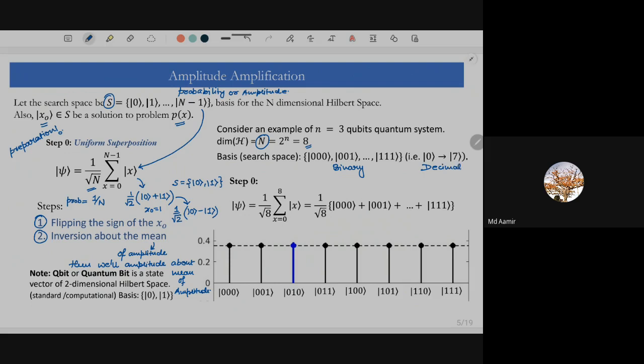For step zero, which is preparation, we create the uniform superposition of all the possible combinations, from 000 till all 1s, and we have the amplitude 1 by root 8 because n is equal to 8. This is what we get if we plot the amplitude. 1 by root 8 is around 0.3535 or 0.36 something. So that will be all the amplitudes. We have the uniform superposition, and this is the psi.